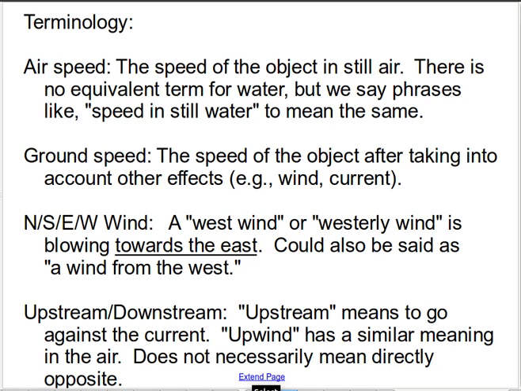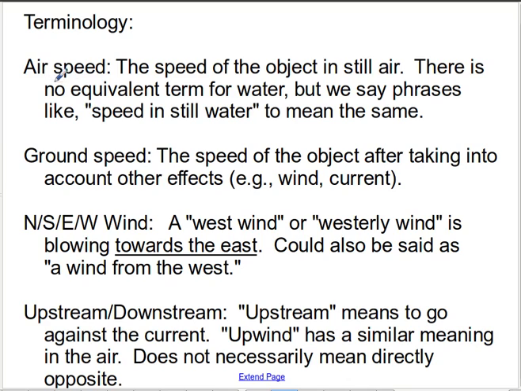Now, some terminology. If you are working on questions like this, you're going to see things like, for example, airspeed. When we talk about the airspeed of a plane, that's how fast a plane or any other flying object can actually travel in air if the air was still.